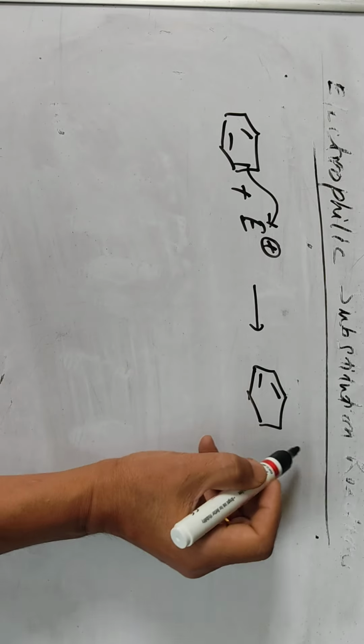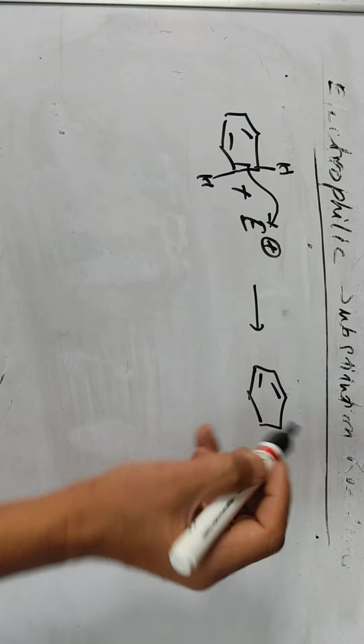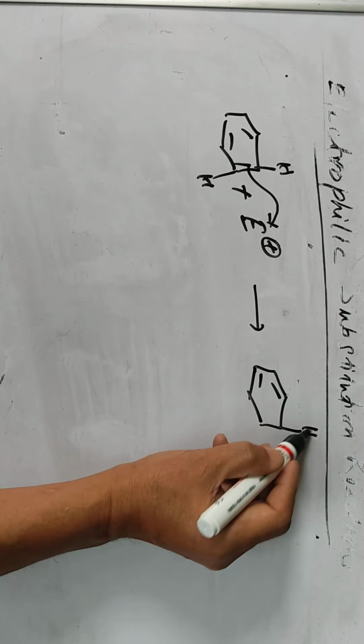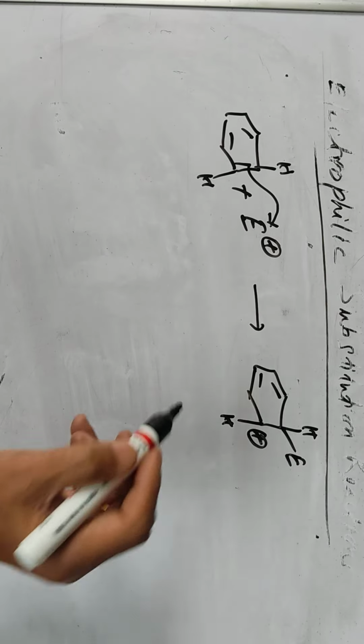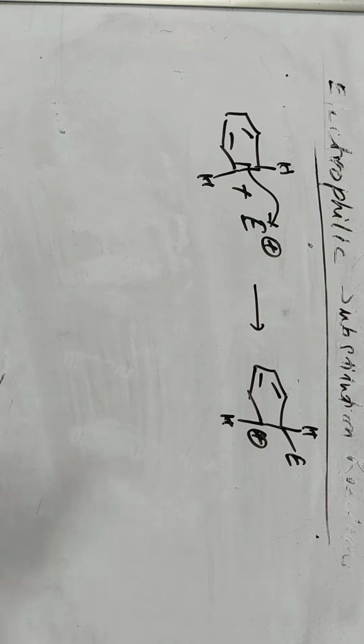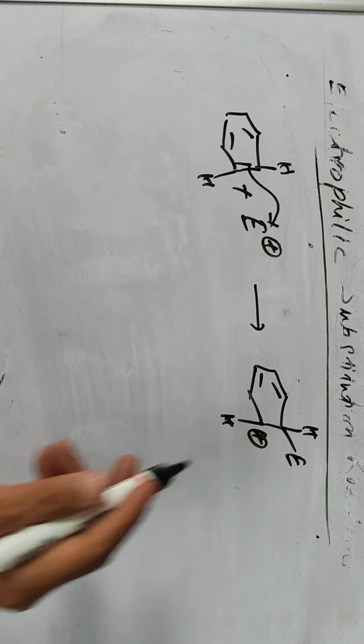So like this, and then an intermediate carbocation is formed. Hydrogen is here, and we have a carbocation intermediate formed. You can compare this: the aromatic system is lost here.